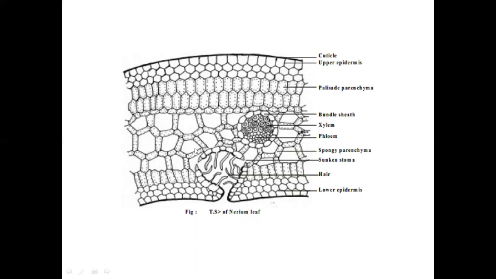We see the spongy parenchyma below, and we also see the sunken stomata at the lower surface of the leaves, and this pit is surrounded by several hairy structures. The purpose of the sunken stomata is to prevent water loss as they are located in the pits.